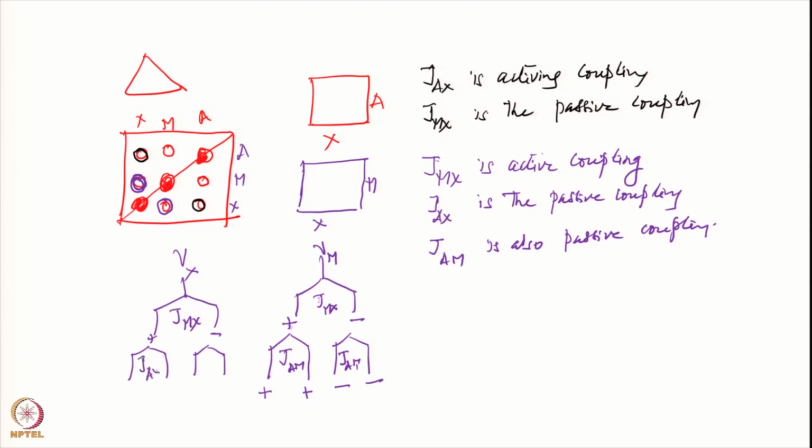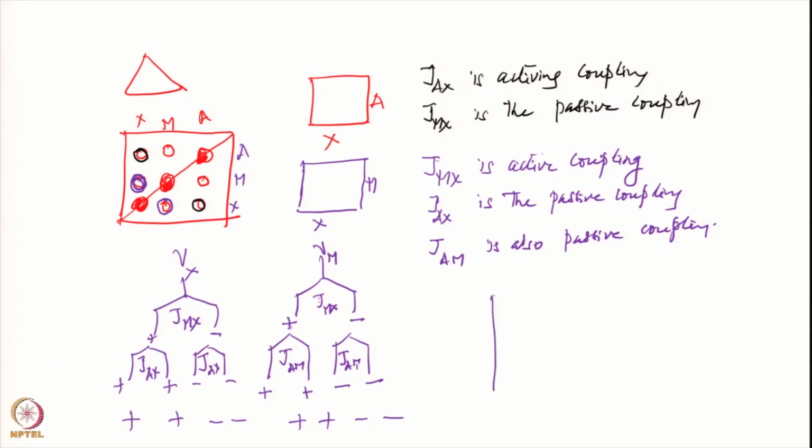This is JAX. Here it was AM, here it is AX, because we are talking about the multiplet structure of the X spin. Therefore, the patterns can be different depending upon the relative magnitudes of the two couplings. Therefore, the fine structure of this is plus plus minus minus, and this is also plus plus minus minus.